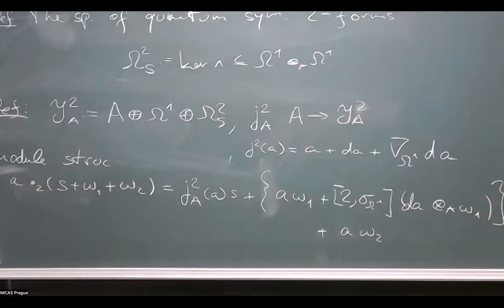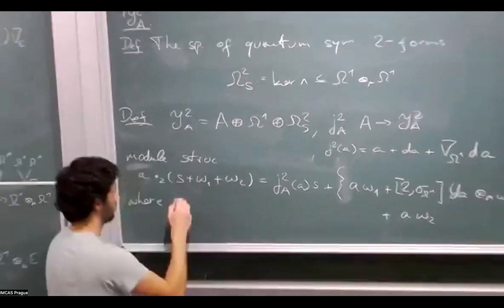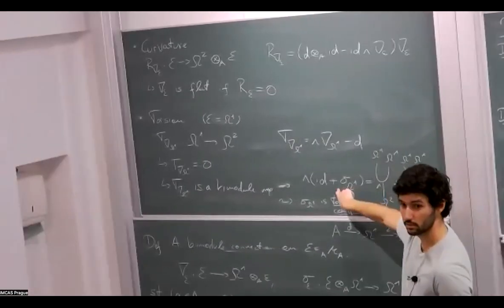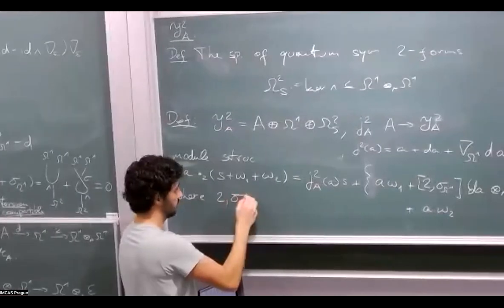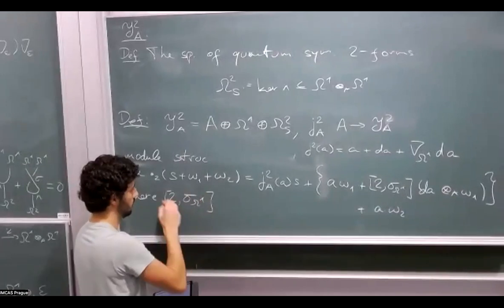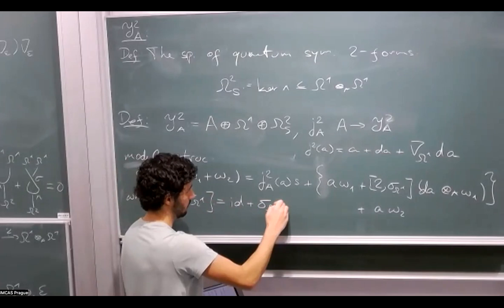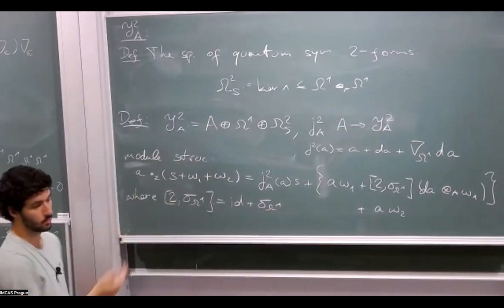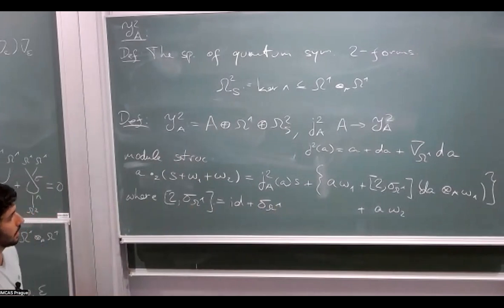This thing here, if you're not familiar with it, is just the symmetrization that we saw before, the identity plus sigma. And what we've shown is the left module structure; the right module structure is completely analogous to this.